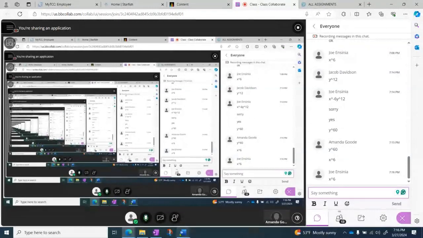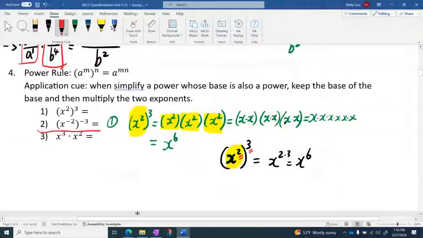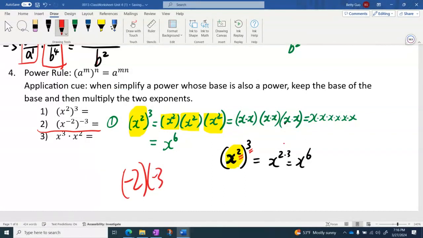Thank you, Jill. Correct. By the way, it doesn't matter that the exponent is negative. Yes, it is -2, and then here's -3. We process them the same way. Keep the base of the base, x, and then multiply -2 with -3. We have 6. So x to the power 6.